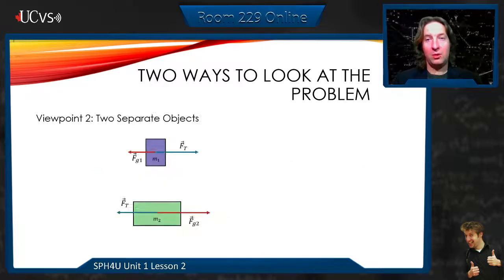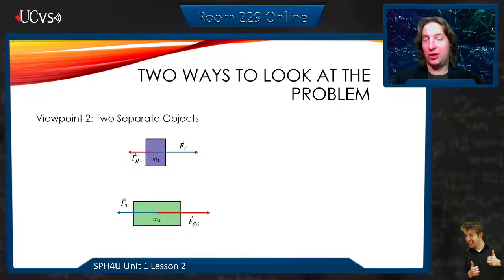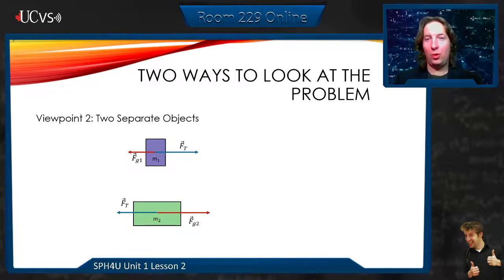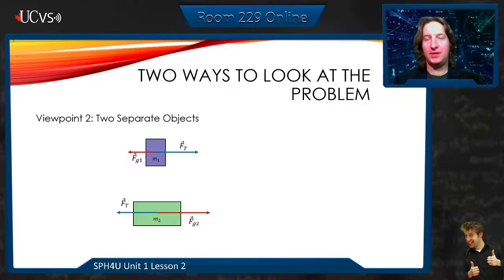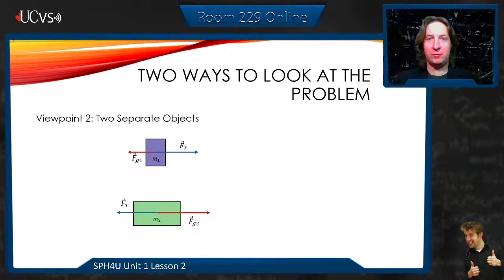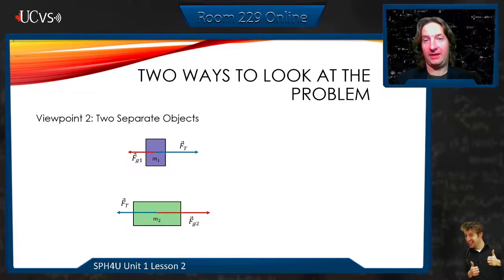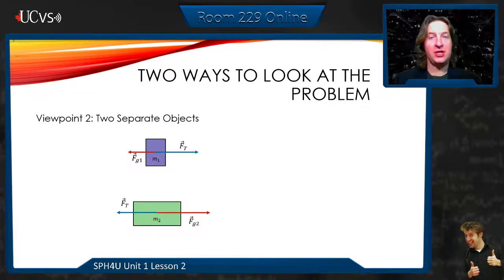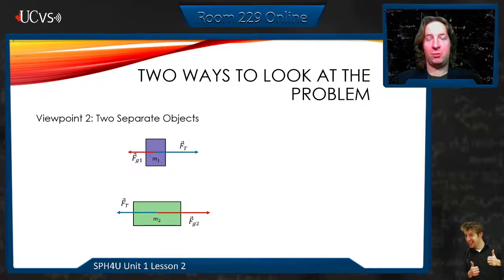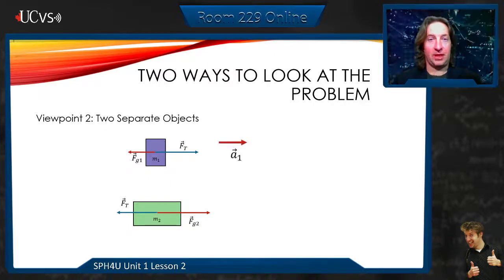Or we can look at it in an alternative way, where we take our whole system and break it up into two pieces. So M1 has that tension force pulling to the right, the force of gravity pulling to the left, but notice that the force of tension is much larger than Fg1. So that'll provide an acceleration to the right.